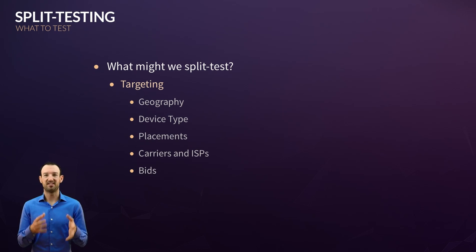We might also split test targeting, so things like geography, that's always a major split test to do, device type, placements, carriers and ISPs, and even our bids, so the actual levels of our bids and our bidding modes like cost per click, CPM, and the way we actually bid. And that's something we'll talk about a bit later in the course as well, actual bidding strategies, because there are various ways to approach things here, and it's not as simple as just placing a bid, seeing what works, and optimizing banners.